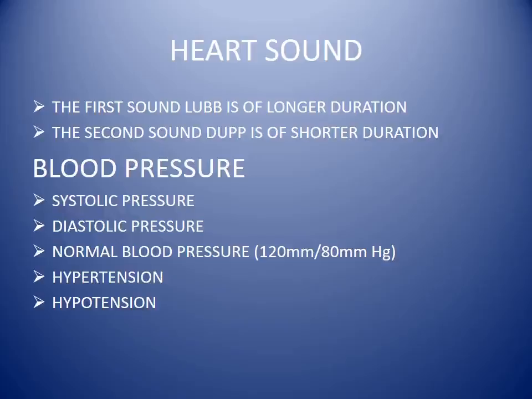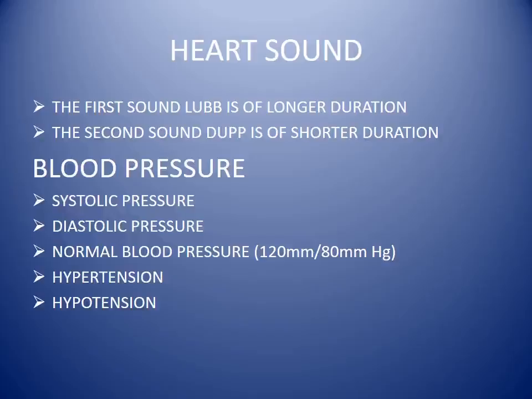Next we have to see blood pressure. Has anybody heard about blood pressure? Somebody has low pressure, somebody high pressure. Blood pressure is the force exerted during the flow of blood against the lateral wall of arteries.